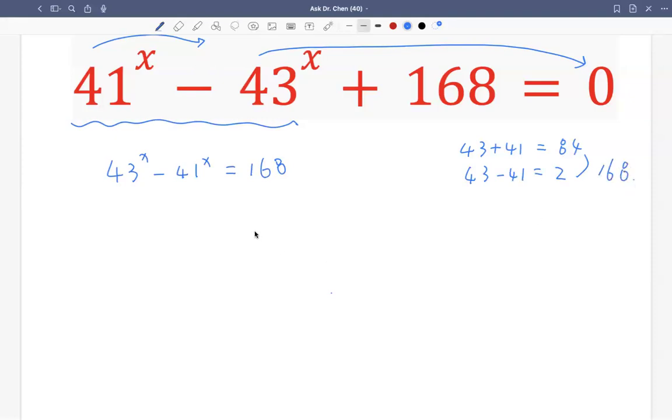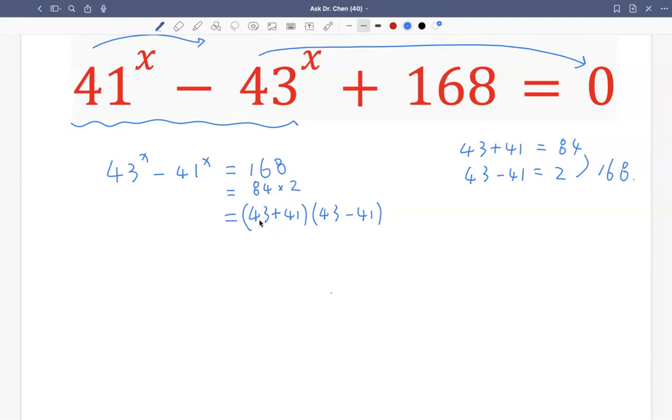All right. So let's write this way. So 168, basically we can write as 43 plus 41, which is 84, multiplied by 43 minus 41, which is 2. Basically, 168, let me write one more step, is 84 multiplied by 2.